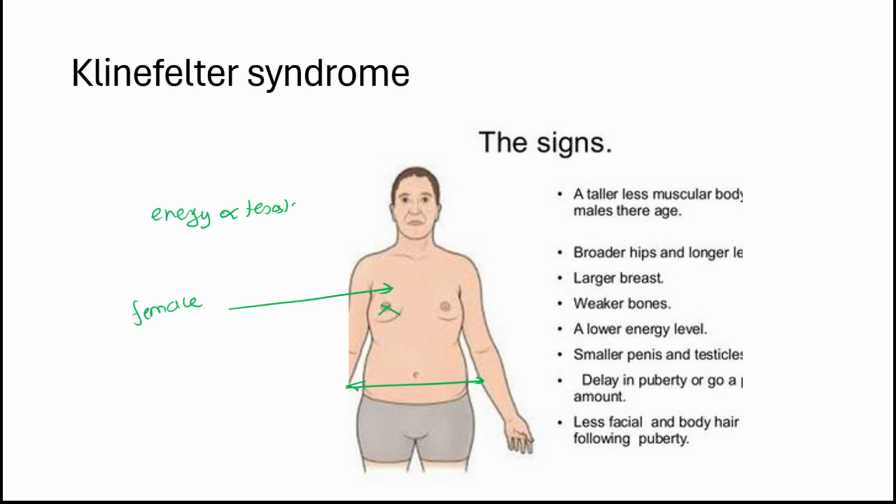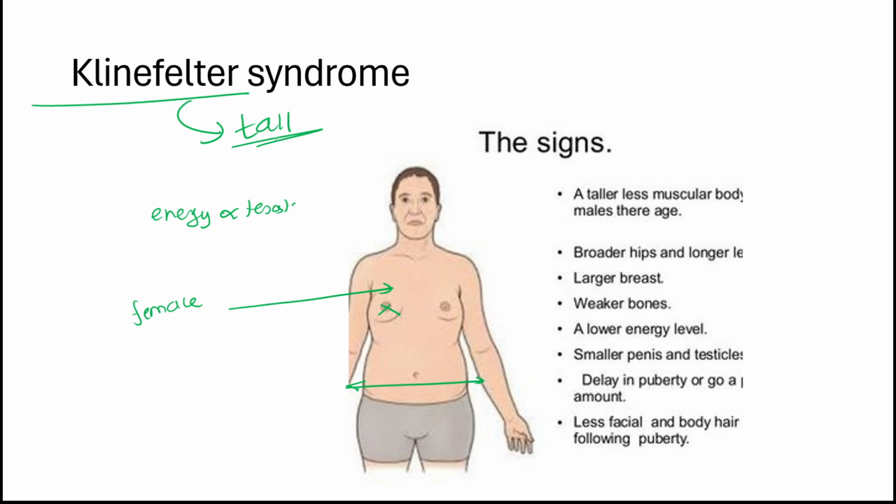But the key factor that you should know is that people with Klinefelter are usually tall. Why is this? When a tall man comes with issues with fertility, you have to think that this patient might have Klinefelter syndrome.